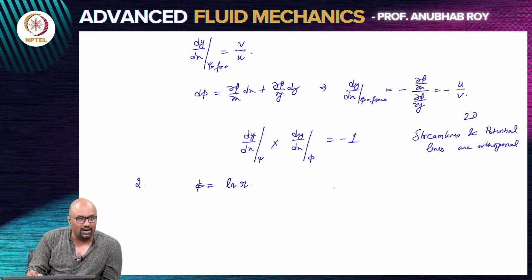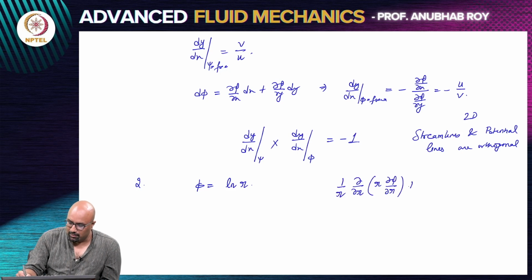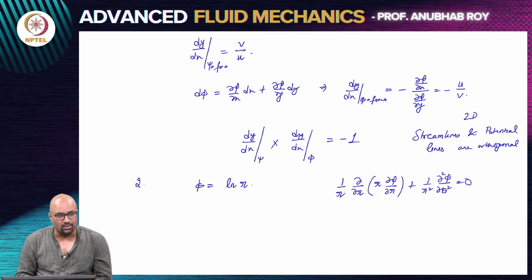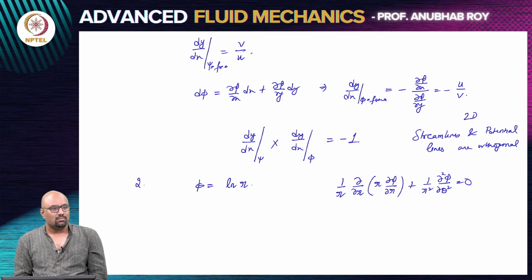If you write down your Laplace equation in polar coordinates, 1 by r ∂/∂r of (r ∂φ/∂r) plus 1 by r squared ∂²φ/∂θ² is equal to 0. That is your polar or cylindrical Laplacian, I am writing in 2D.